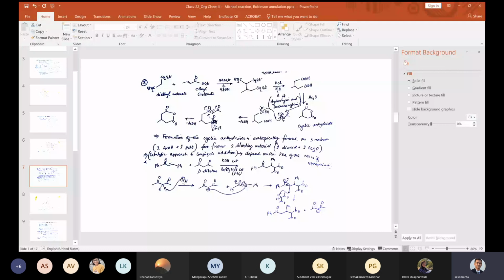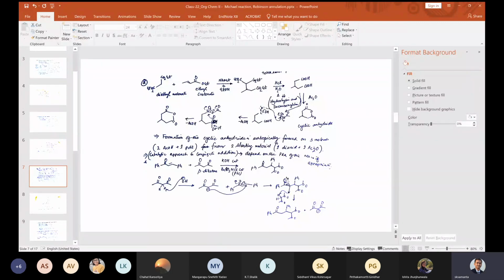What happens here? Initially, this OH minus picks up this proton and forms a negative charge. This negative charge is well resonance stabilized with the two C=O groups. Then this negative charge attacks this center, because this is a 1,4 addition, to form this O negative.